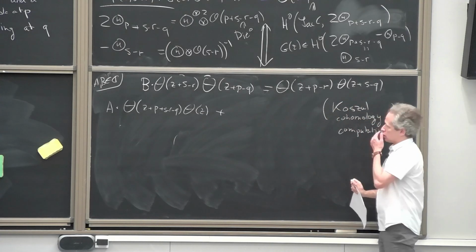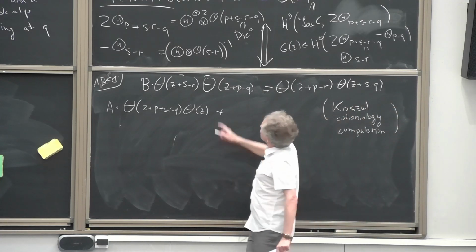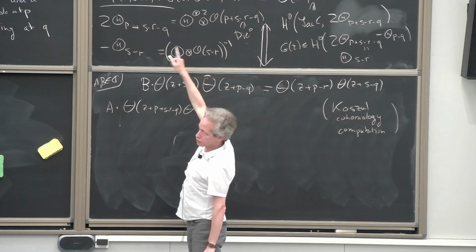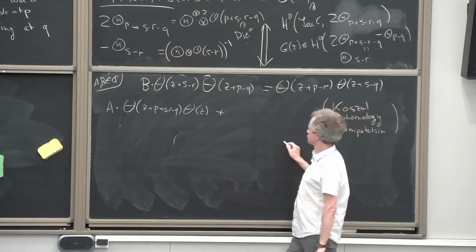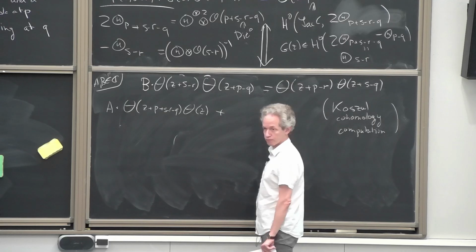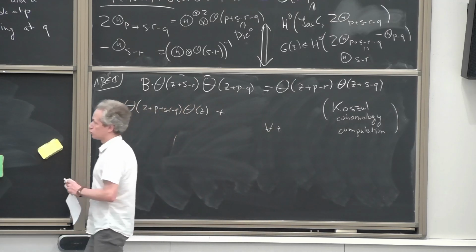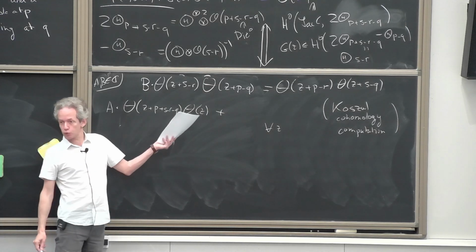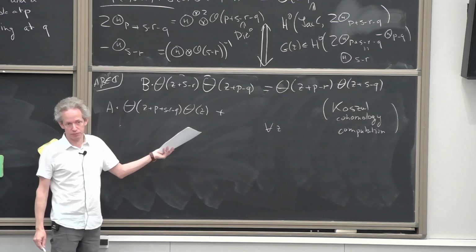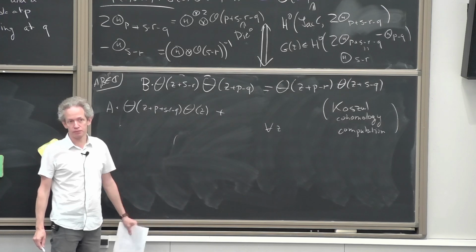Altogether, what this says is that Weil reducibility, which is a theorem we just proved, is equivalent to this equation. Weil reducibility, this geometric statement that the intersection of two theta divisors is contained in the union of two other theta divisors, is equivalent to an actual equation satisfied by a theta function, globally for all z.